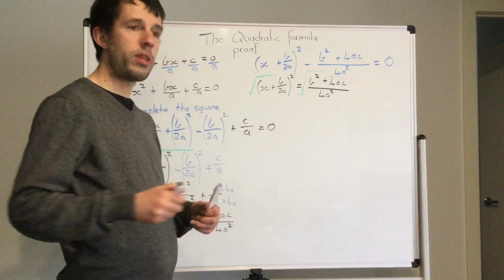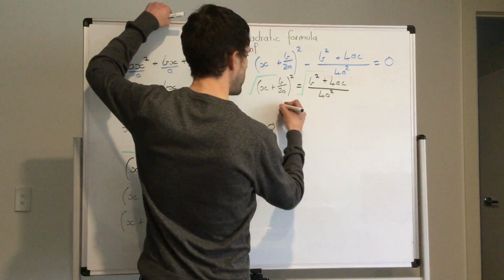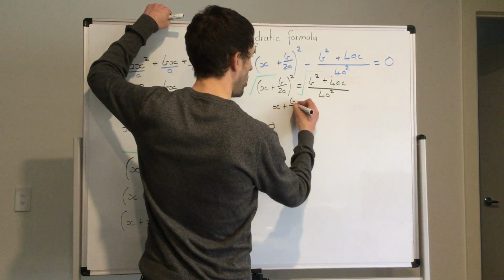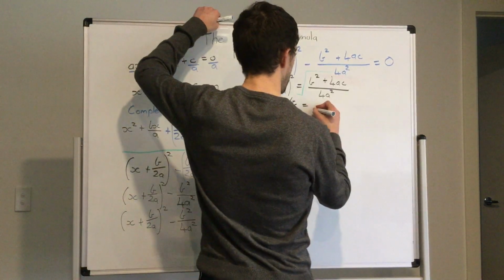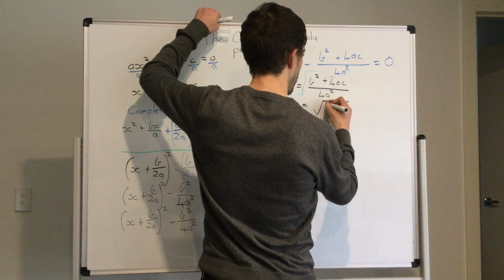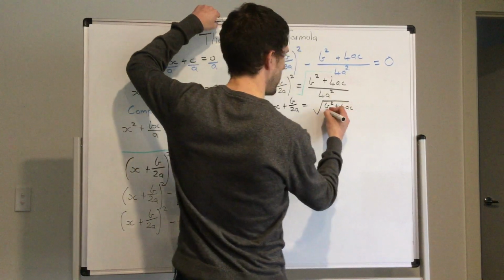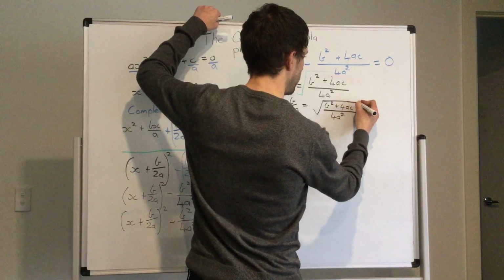So let's rewrite that. They cancel out, so that leaves me with x plus b over 2a equals the square root of b squared plus 4ac over 4a squared.